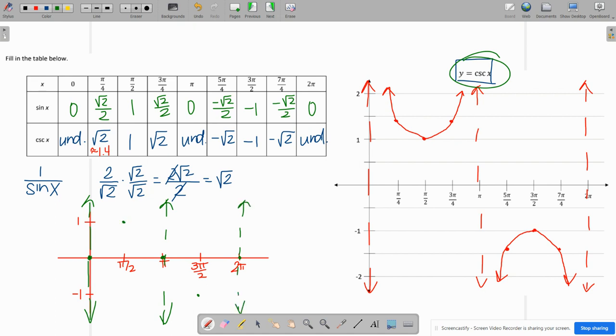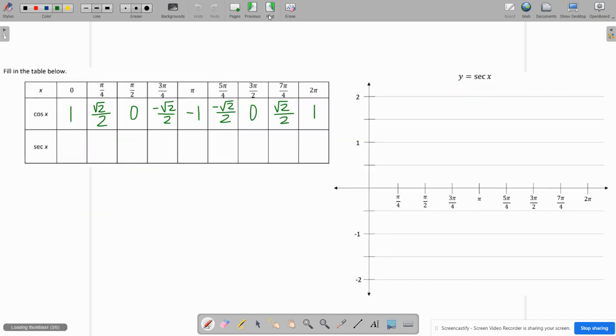And then the point that's above that was the maximum of your sine curve, now it's going to be basically the bottom of that shape that looks parabolic, opening up. And then this point down here, which was below that midline, is going to be where it opens down. It'll be the maximum of that opening down part. So if you can just kind of think about how you would graph sine, you'll be able to then graph cosecant. So let's do the same thing for secant.